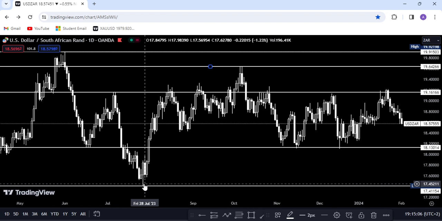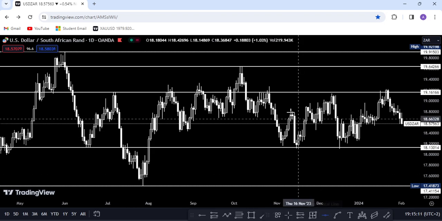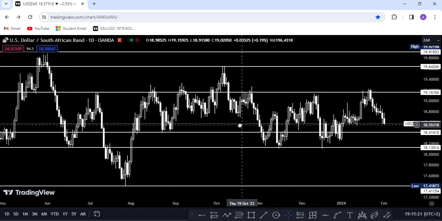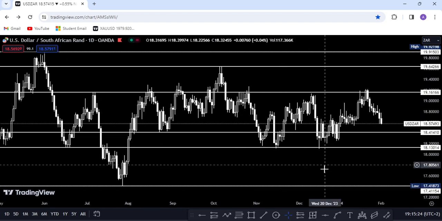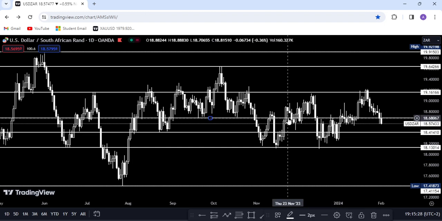So I like to pay attention to levels that have some influential impact on prices. This is how I want the daily time frame to be, just marking the important stuff.